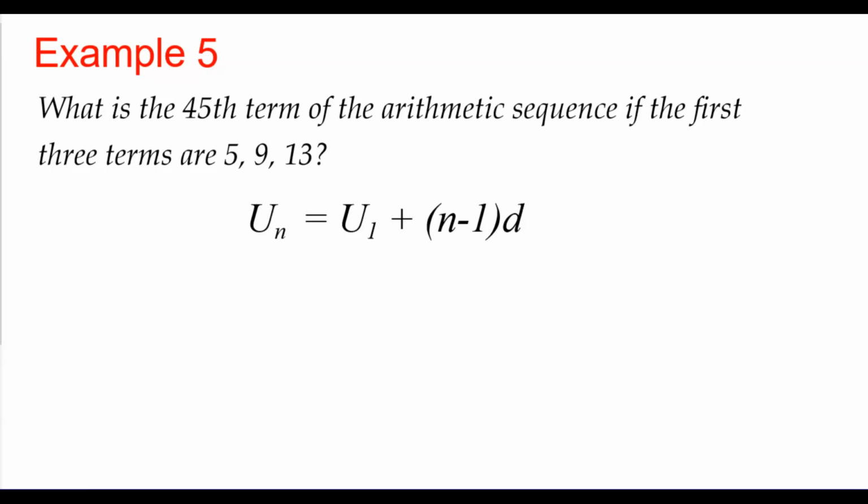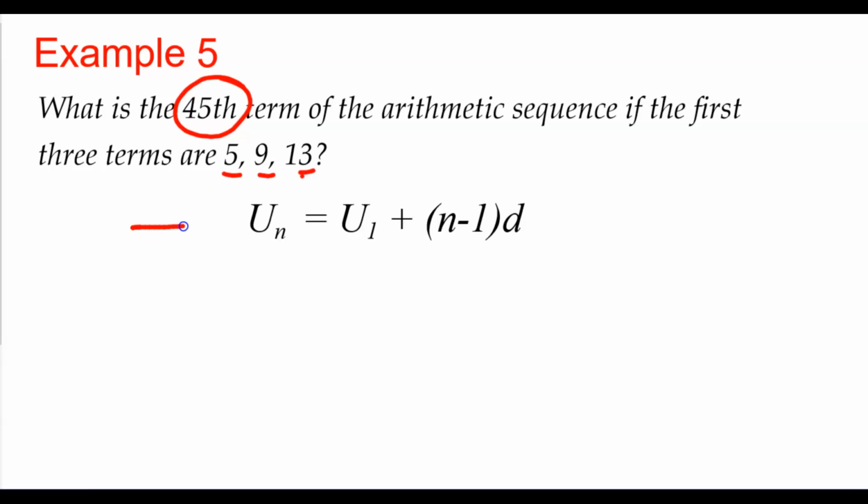What's the 45th term of the arithmetic sequence if the first 3 terms are 5, 9, and 13? Now, here's where the explicit formula comes into play. If I want to find the 45th term without an explicit form, I'd have to find the 44th, the 43rd, the 42nd, and all the way down to the first term.